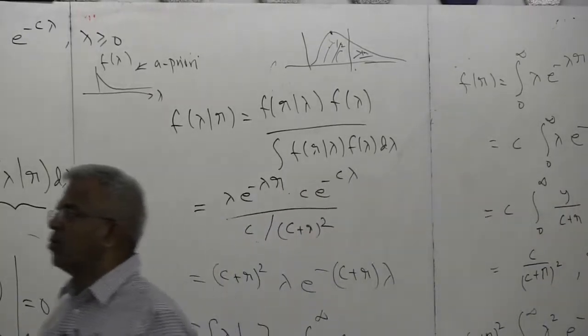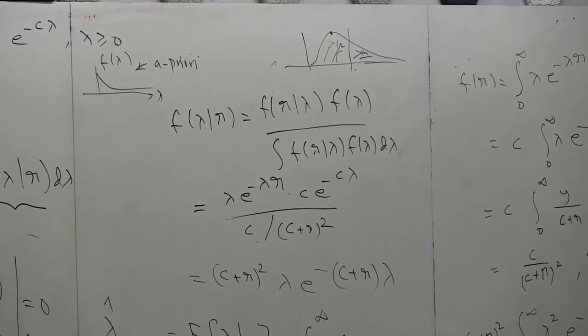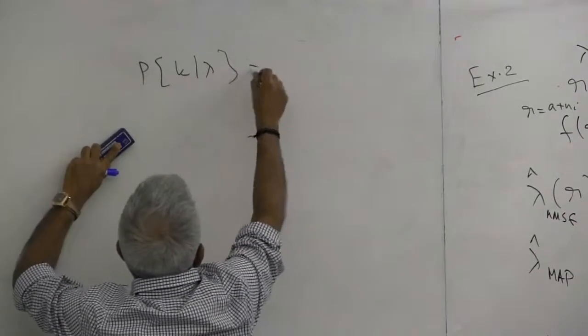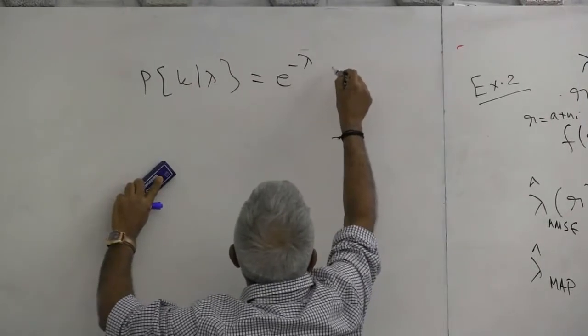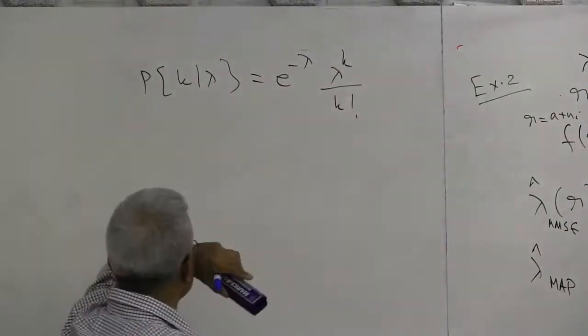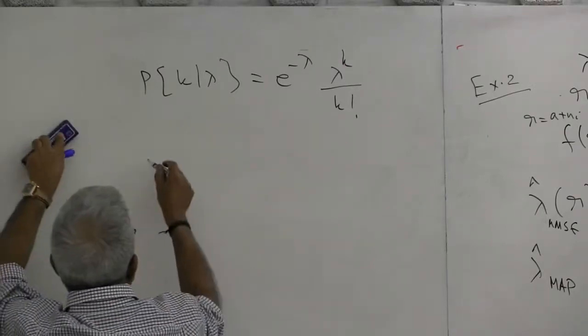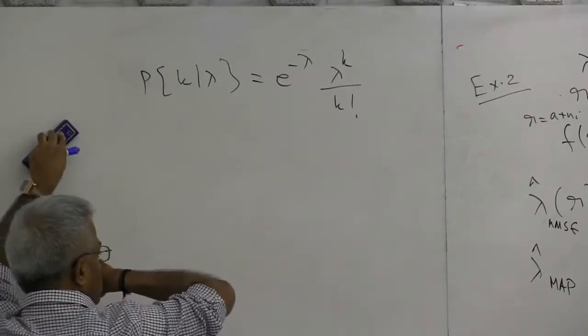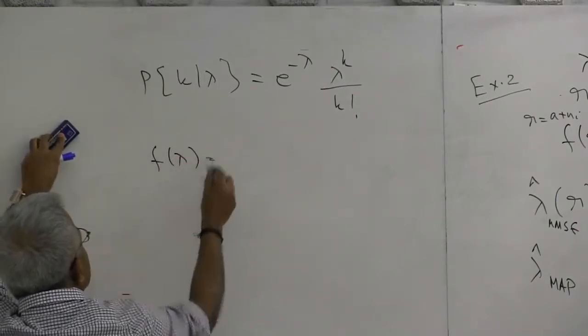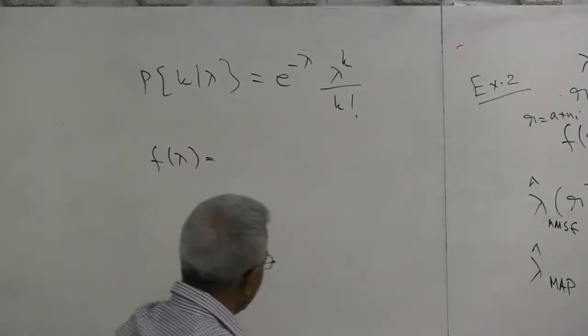How about if I make one Poisson? Is that easy? Suppose I say f of k given lambda is e raised to minus lambda, lambda to the k over k factorial. So what I gave you is a generalization of this. You can take anything you want.